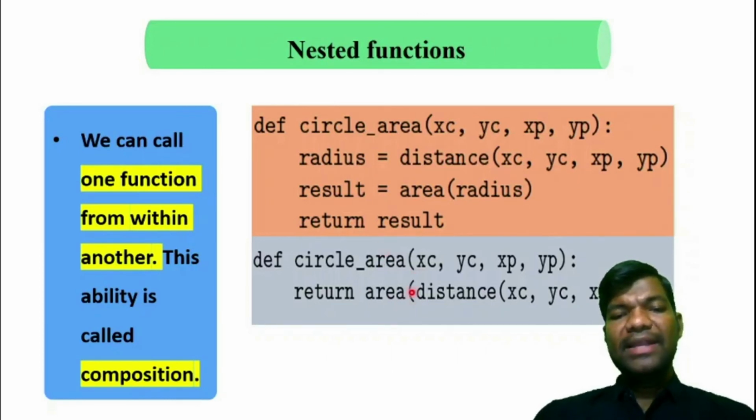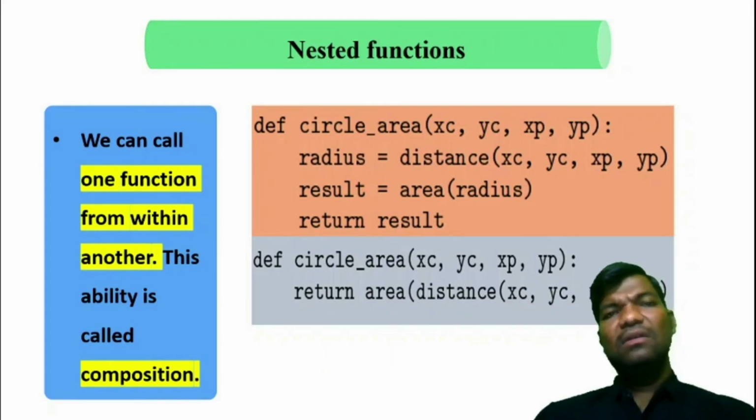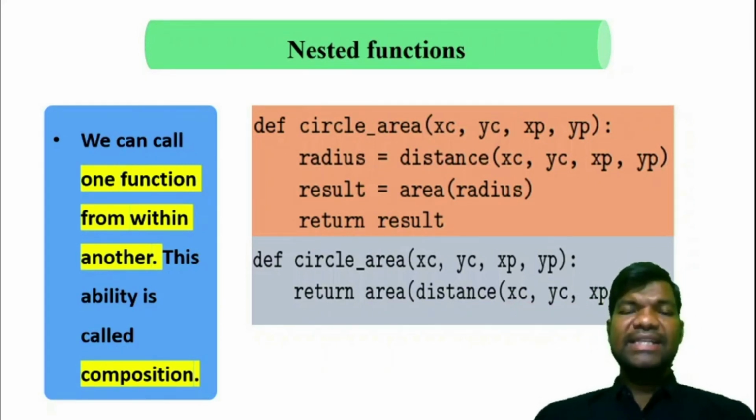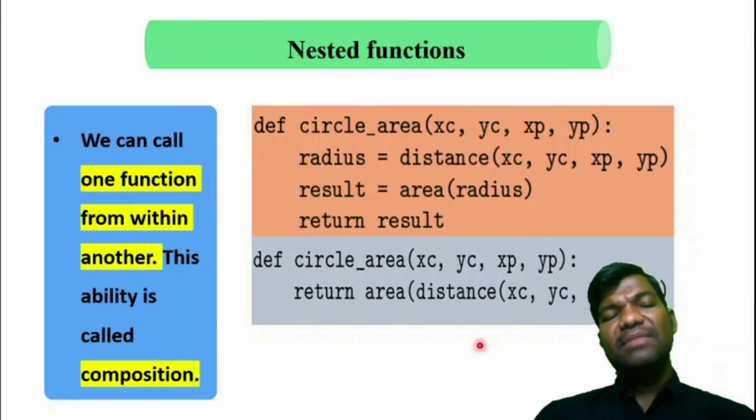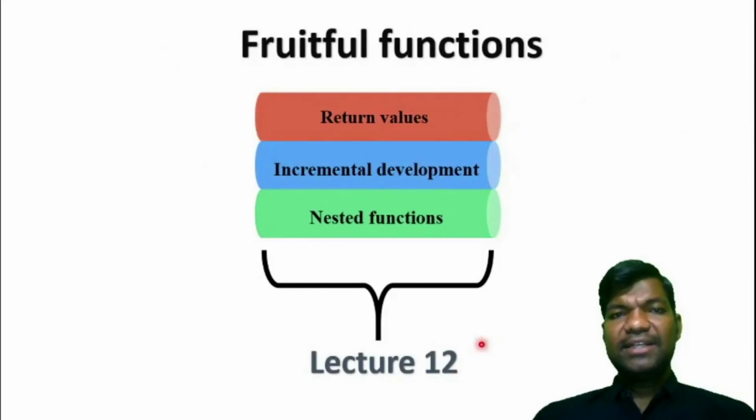So area of radius, in place of radius write this distance of xc, yc, xp, yp, right? So these are the nested composition of the functions. So what is meant by that? You are calling one function within another function, right? So that's the third topic, nested functions.